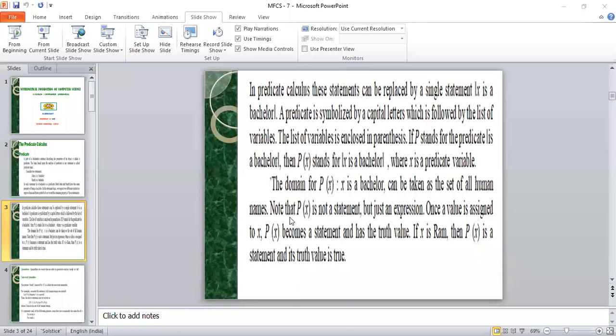These are the objects. P(x) is not a statement but just an expression. Once a value is assigned to x, P(x) becomes a statement and has a truth value.